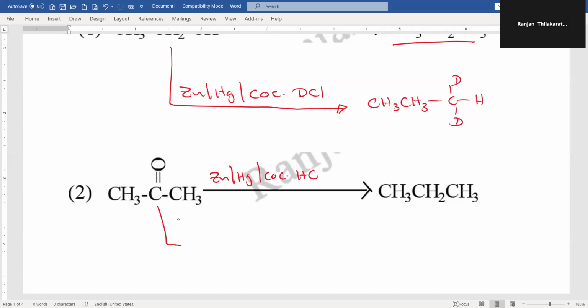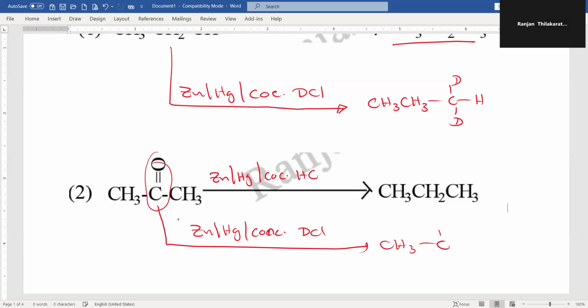In the same way, you can add Zn, Hg, conc. DCl. Then instead of this oxygen, you will get two deuterium atoms attached to that, like this.